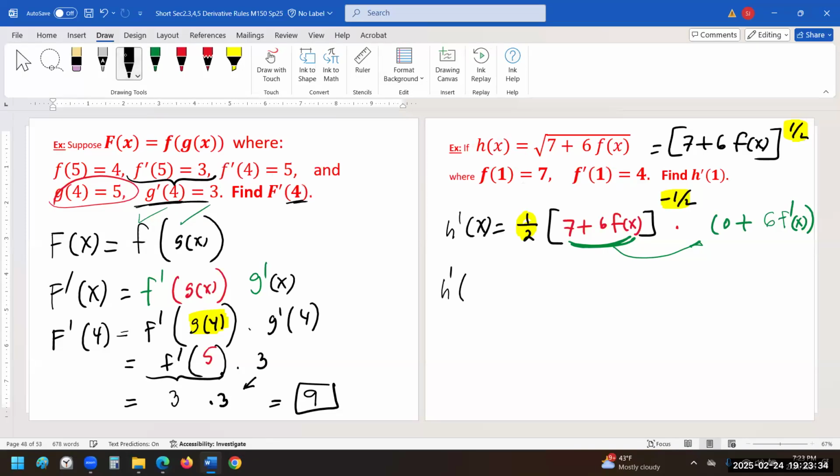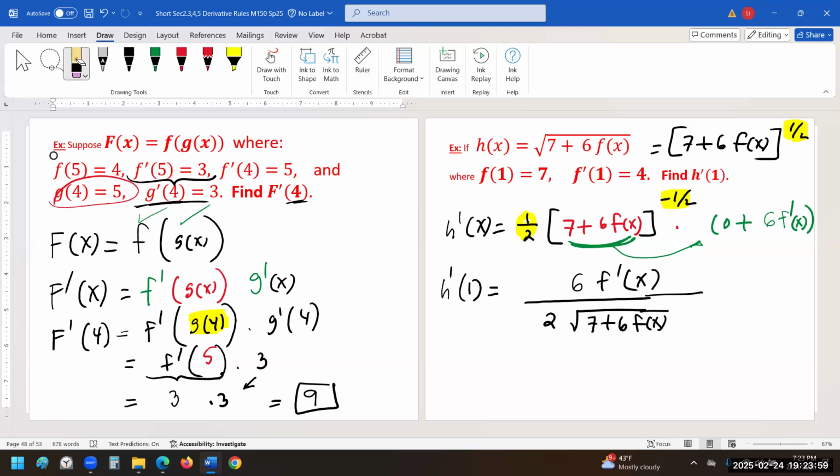And they want to substitute x with 1 here. So let's rewrite nicely. 2 is on the bottom, and then square root of 7 plus 6 f of x goes on the bottom. 0 plus, so the 0 cancels out. We only have to get rid of the 0, so you get f prime of x.